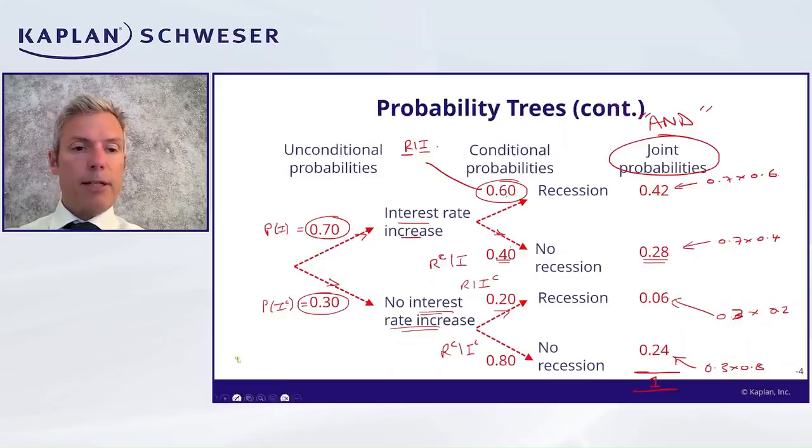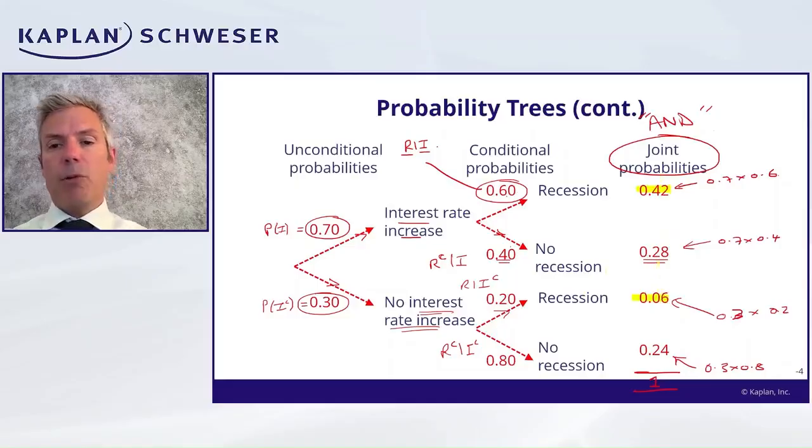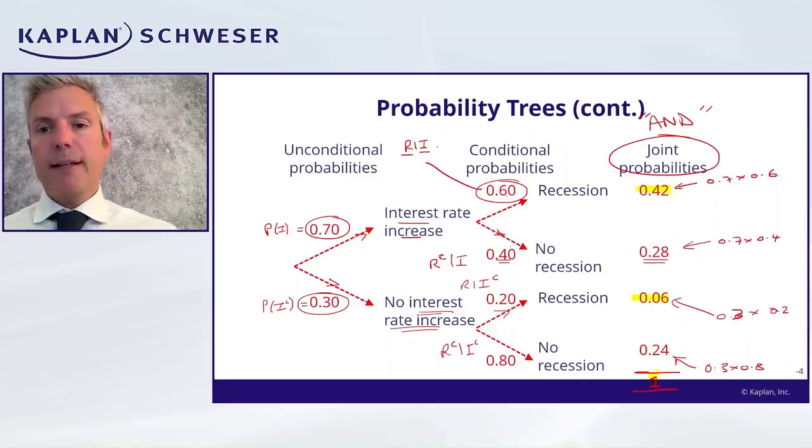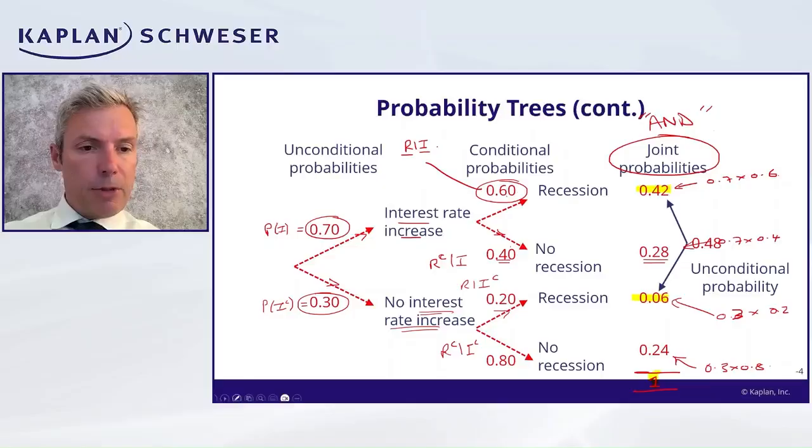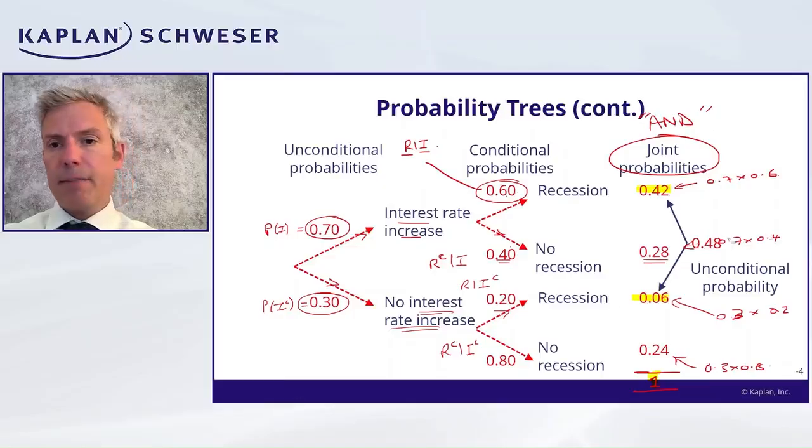You can say, well, look, a recession happens here and a recession happens here. So add those two probabilities up. What proportion of this universe is that? It is 0.48, right? Underneath my scribblings there, add those two up, you get 0.48, which is, by the way, what we get using the equation from before.